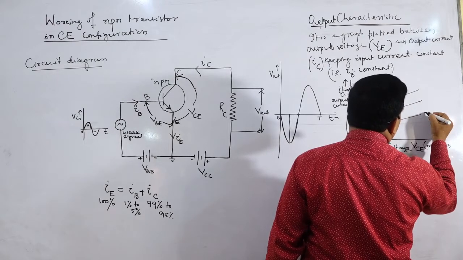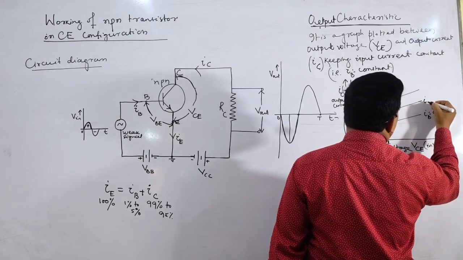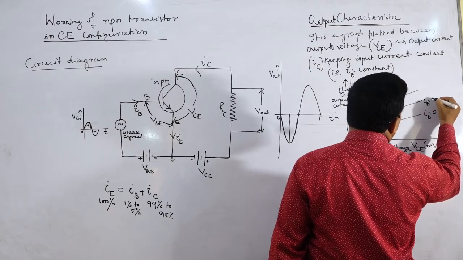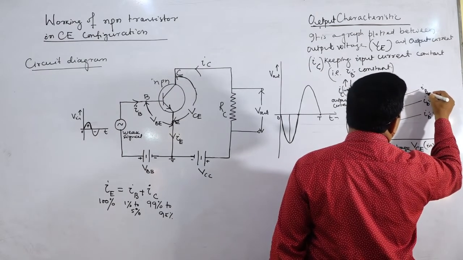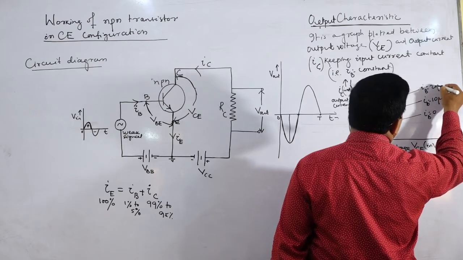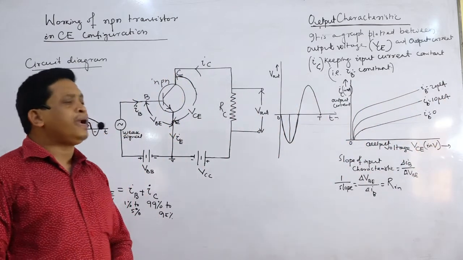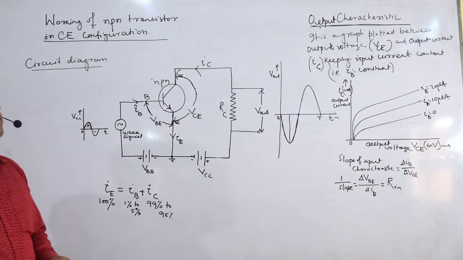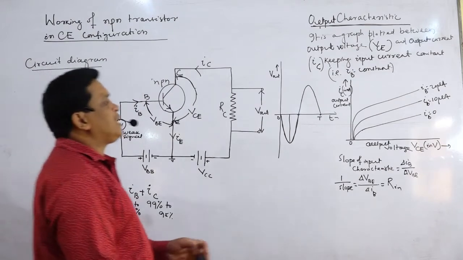So this is the graph when IB equal to 0. This is the graph when IB equal to 10 microampere. This is the graph when IB equal to 20 microampere. So for three different input currents, we have plotted three graphs, that is three output characteristics.